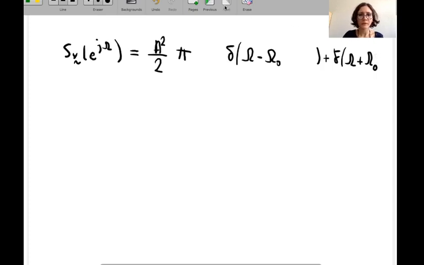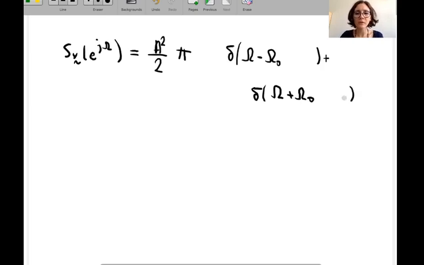I'll just write it down there. So the equation would be as simple as this if we didn't have the periodicity issue. We just have the sum of these two impulses.